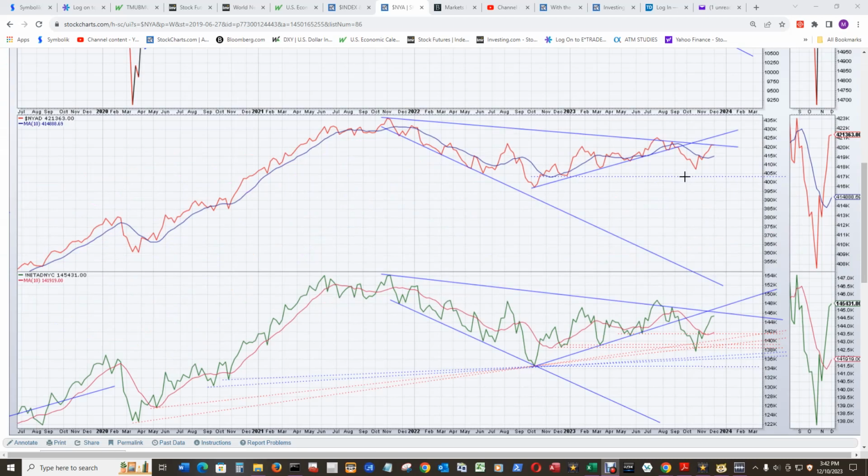And here's the NYA AD line in the top window, NYAD, and this bottom one is the stocks only that we look at more often than this NYAAD line. And they both look similar. You can see that some of the patterns are similar, but the difference is enough to make them worthy of looking at both of them.